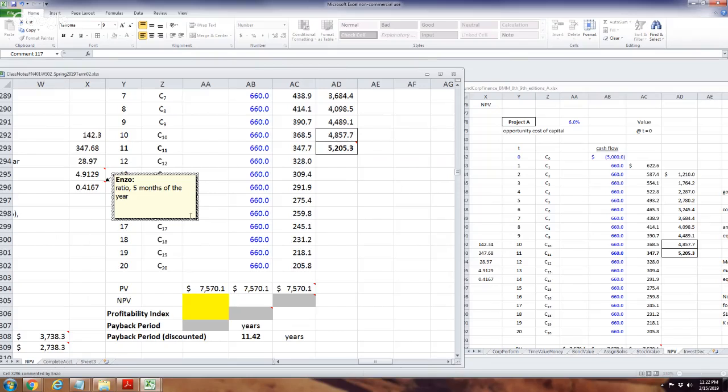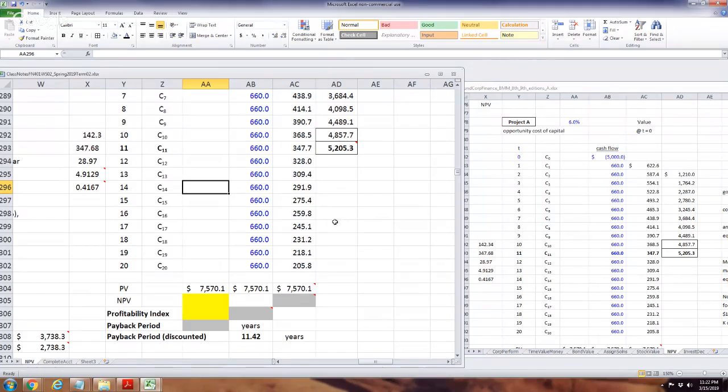That's the ratio of 5 months of the year. That's what that is. Like I said, we're really splitting hairs with this. How many months into the 11th year are we, type of a question. So, like I said, I want to go bananas with this thing, but you could say somewhere in the 11th year, but 5 months in, we could say with this.